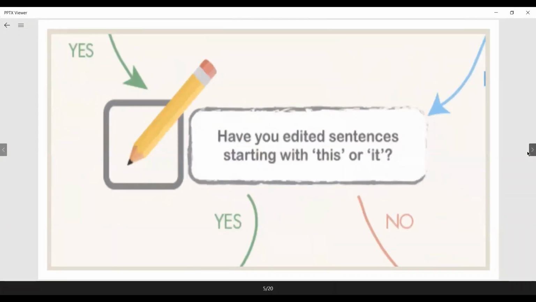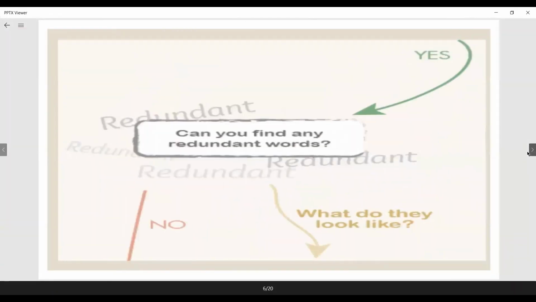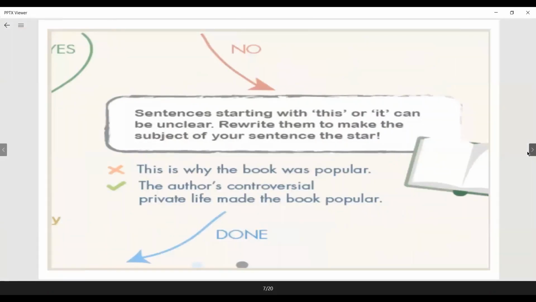Again, have you checked that you have edited the sentences starting with this or it? Or if you could find any redundant words, the list of redundant words was shared in the class as well. I suppose that in the upcoming slides, I have shared the list again. This is why the book was popular.